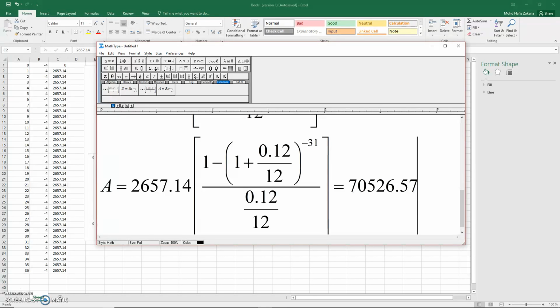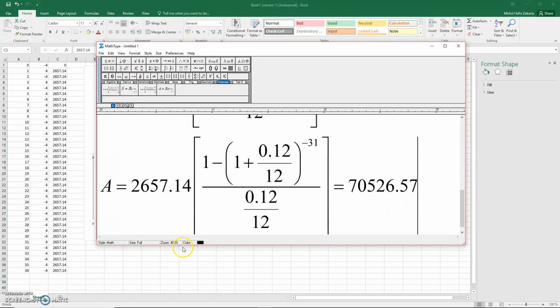If she wanted to pay normally, monthly like she did, 2657.14 times 31 is actually 82,300. When she pays immediately in a lump sum amount, she basically saves a lot.